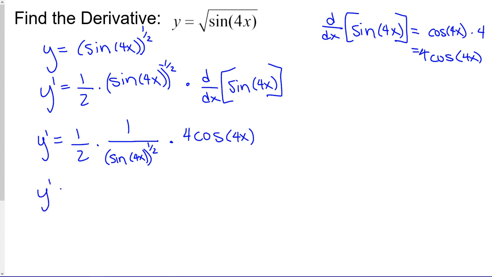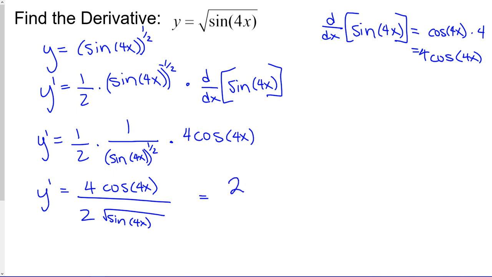So I'm going to get that y prime is equal to 4 cosine 4x over 2 square root of sine of 4x. And I'm going to simplify this 4 and 2 to give me my final answer, which is going to be 2 cosine of 4x over the square root of sine of 4x.